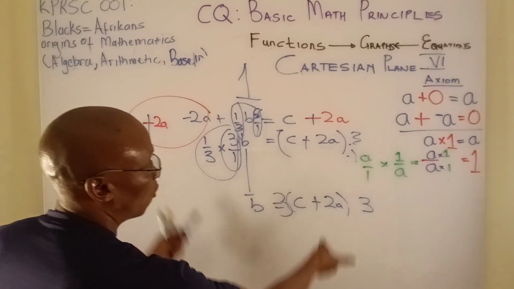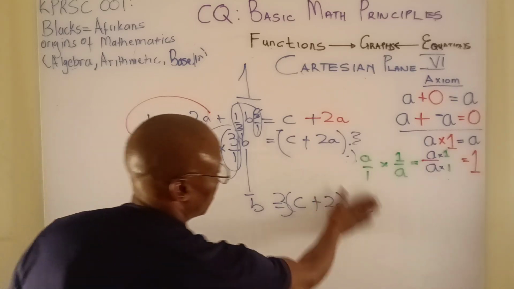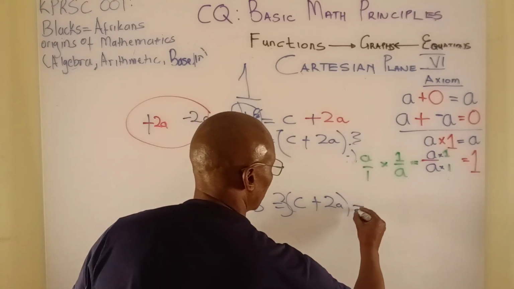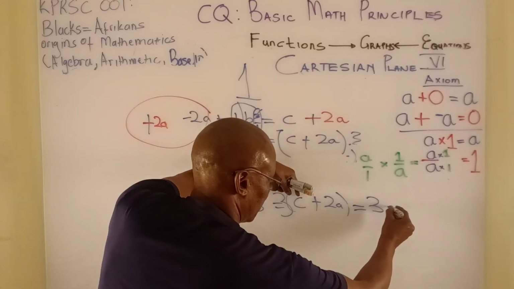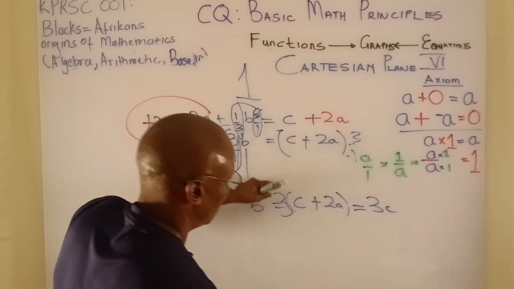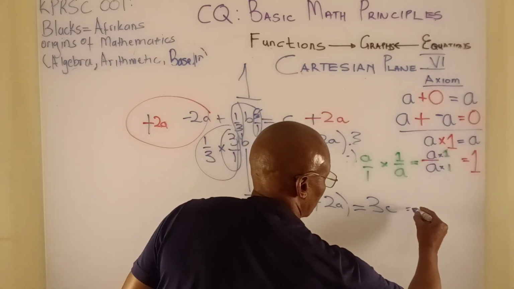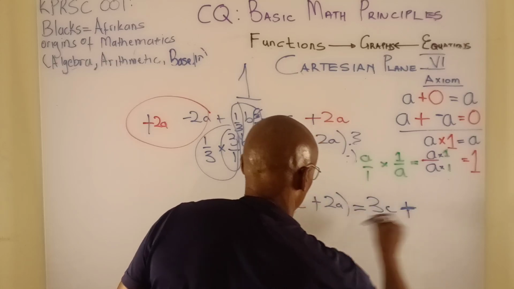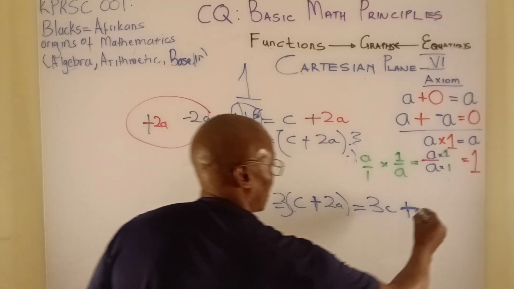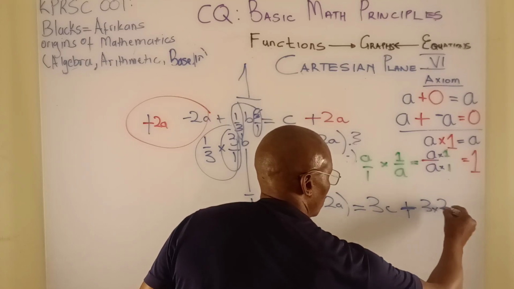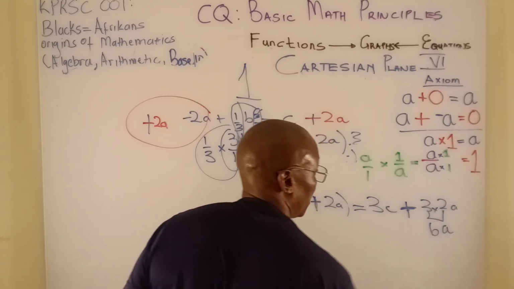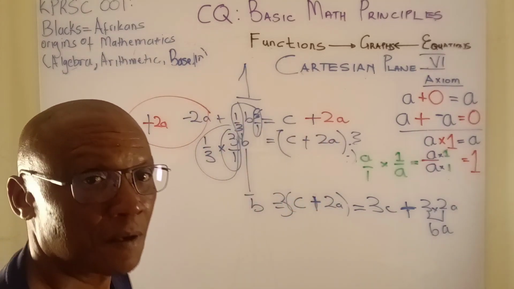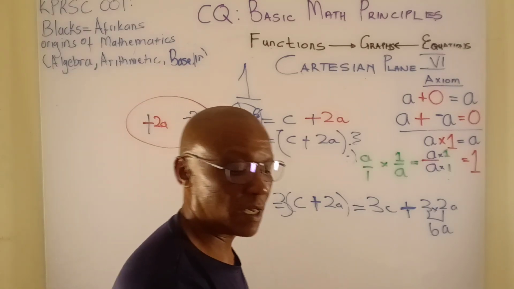It multiplies the whole thing, which means I can rewrite this as 3 times c, hence 3c, and 3 times this, or there's the plus, 3 times 2a. 3 times 2 is 6. This is 6a. We'll do more exercises about this.